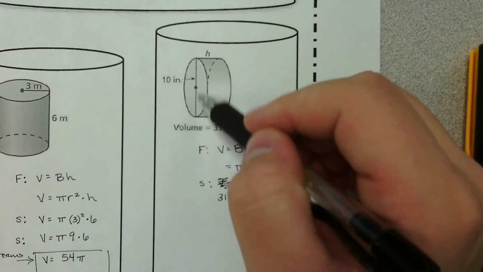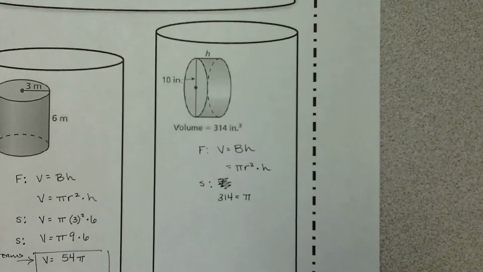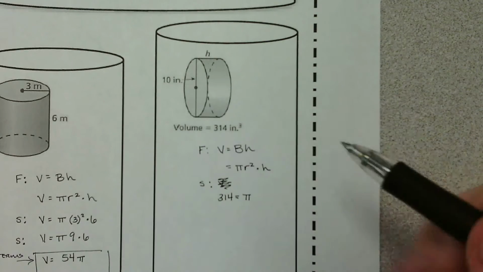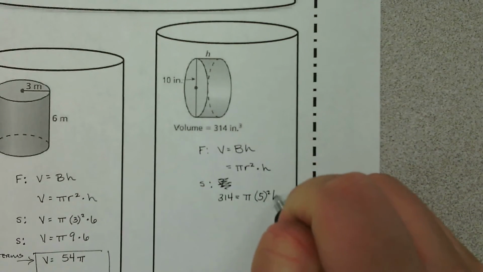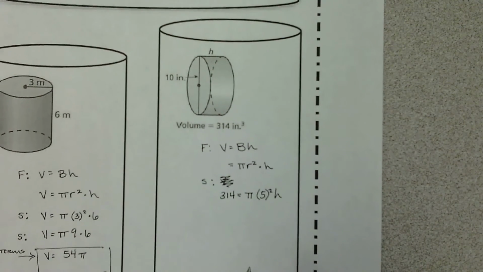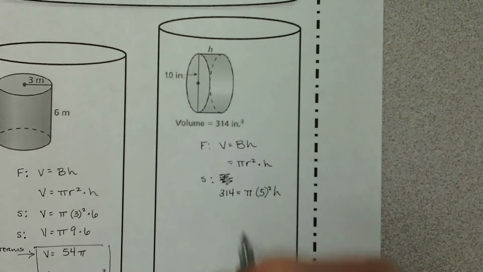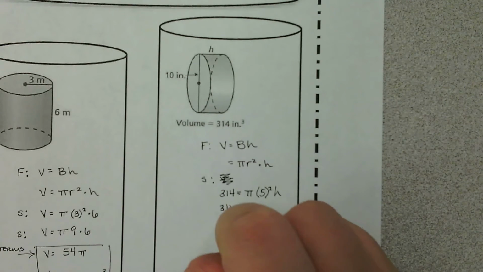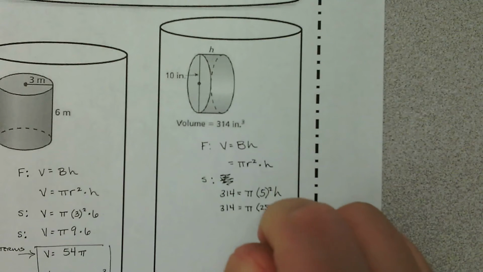So this line goes all the way through the center to the other edge. This is our diameter. Remember, a diameter is double the radius, so all we have to do is cut this in half. We know that our radius is 5 squared, and we still don't know our h. Okay, so this is going to go back to our equation solving days. We're just going to go through, we're going to simplify. The easiest thing to simplify right now would be this 5 squared. So I'm going to have 314 equals pi times 25h.